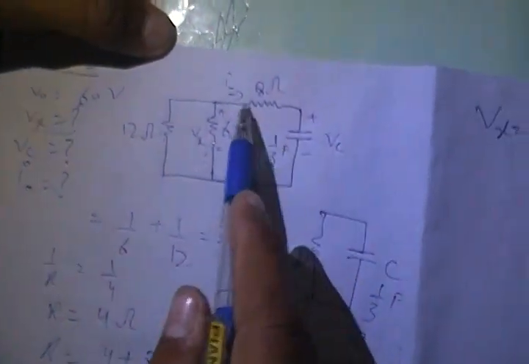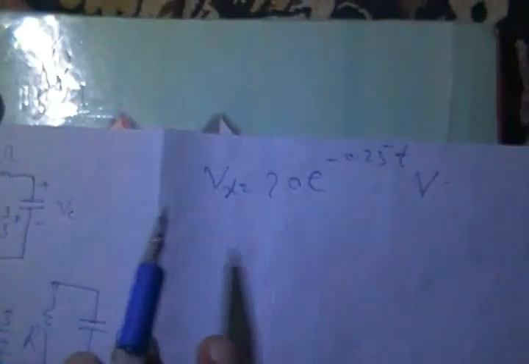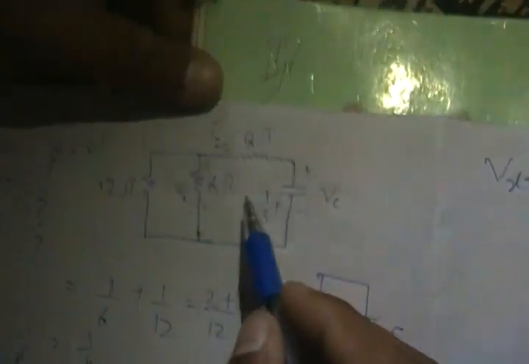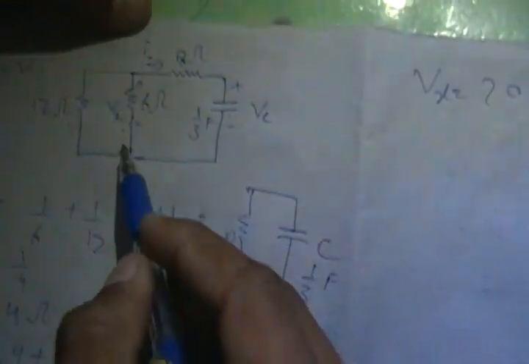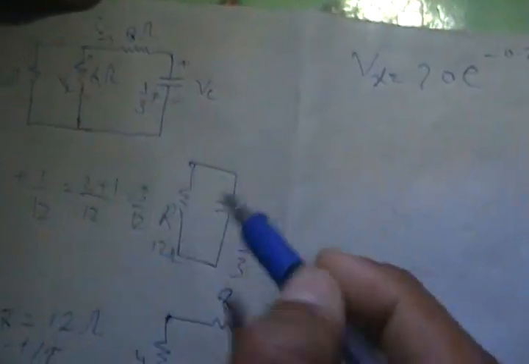Now we have found the voltage of the capacitor Vc and Vx, the voltage of this resistor. Now we want to find the current of this resistor. We already know the voltage of the 6 ohm and 4 ohm resistor.